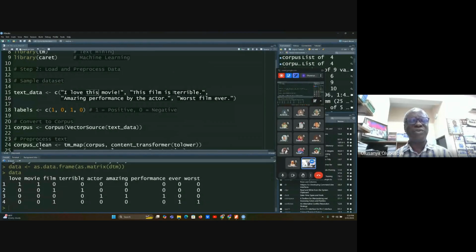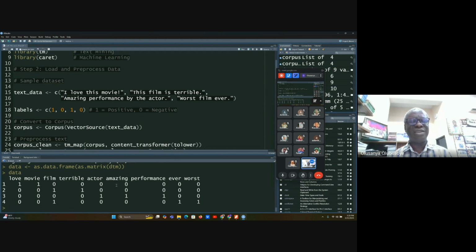Is has been removed. So, for instance, in the first comment, you only have love, that is assigned 1. You also have movie, that is assigned 1. All the other terms are not available in the first comment. No film, no terrible, no actor, no amazing.